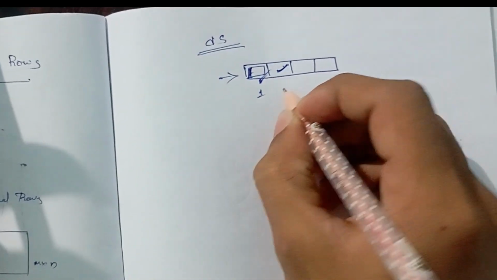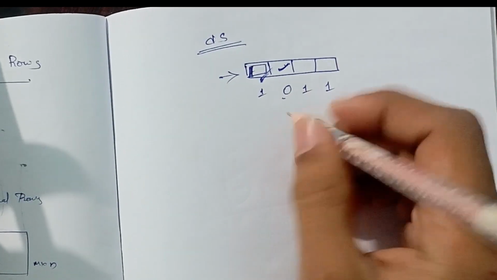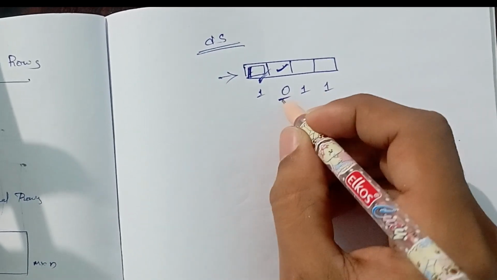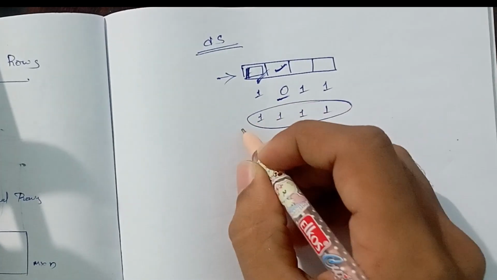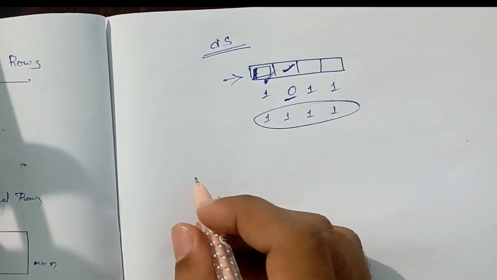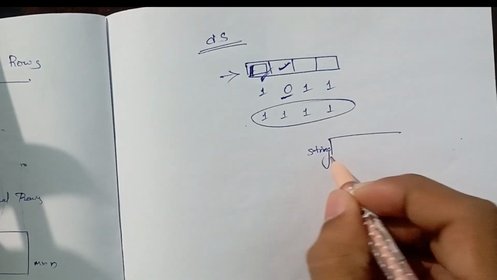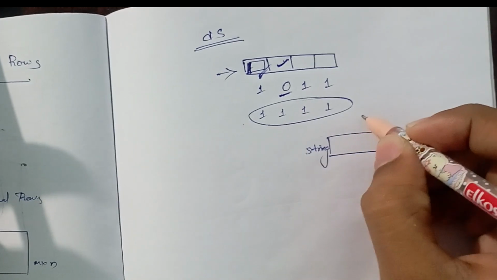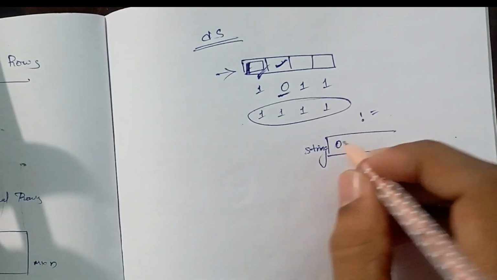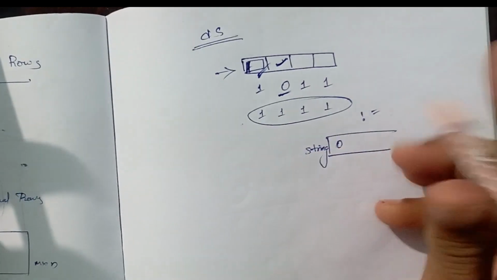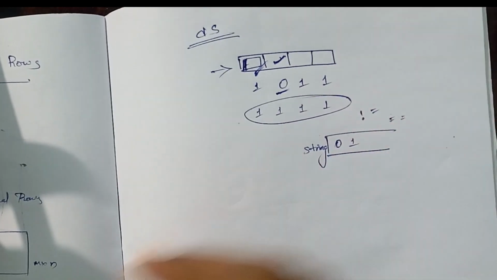If it is 1 and we have 0 1 1 here, we need to flip only this column to make the row equal. So we need to consider storing in a string. If the element is not equal to the first element, we need to store 0. If they both are equal, we need to store 1.